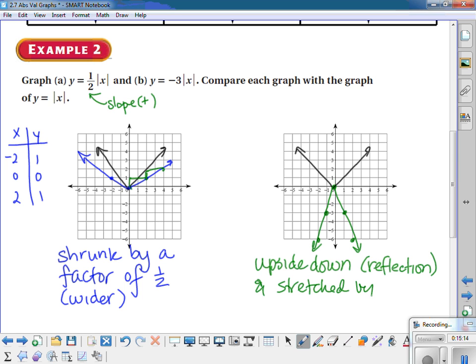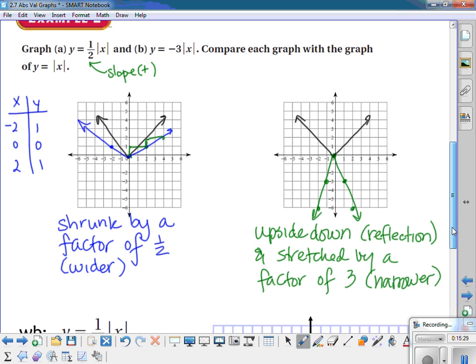By a factor of 3. So in other words, it's narrower, right? Okay. Any questions there?